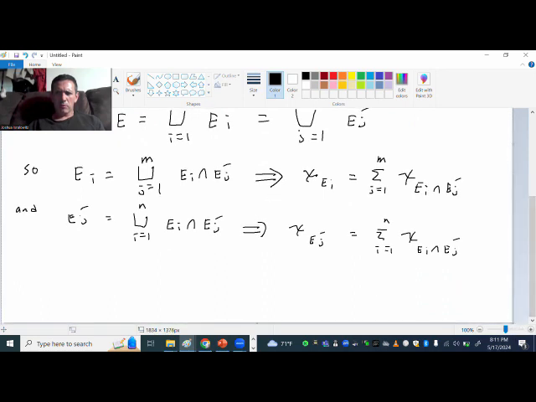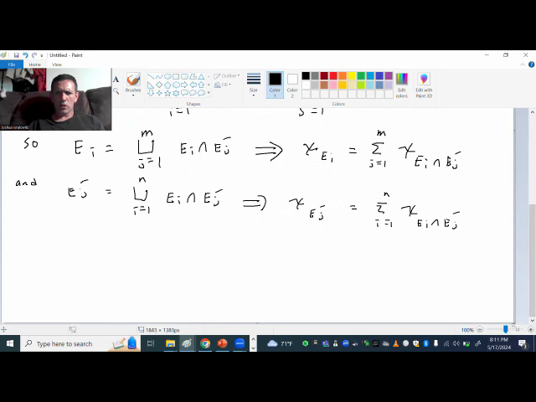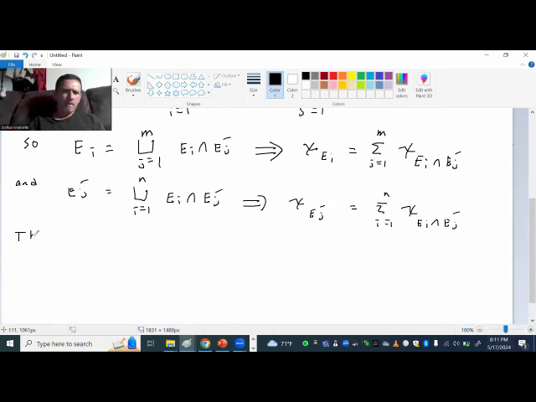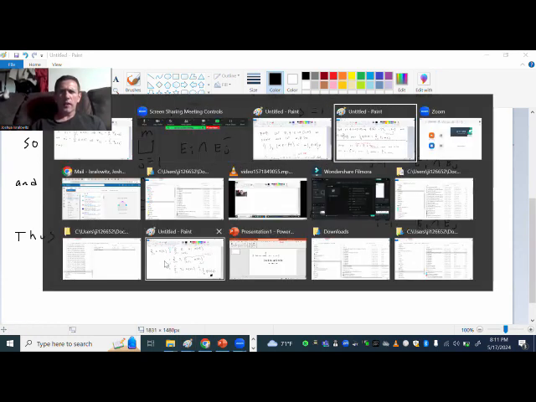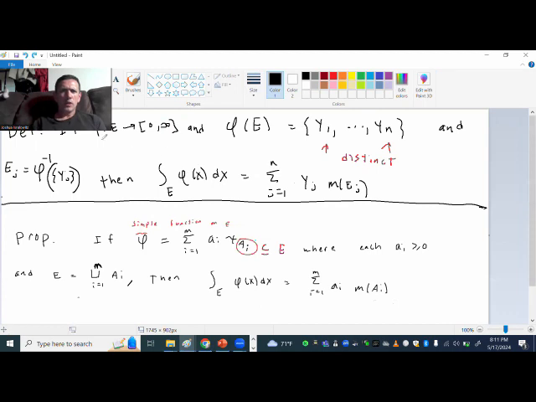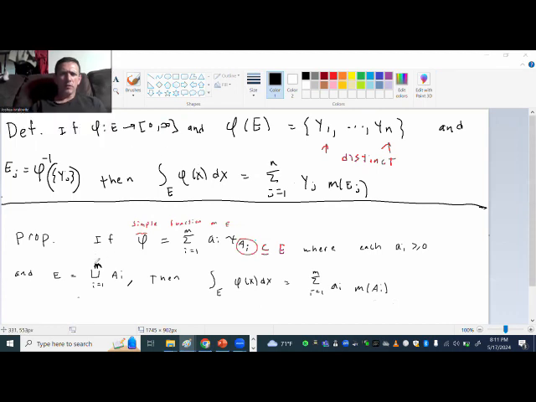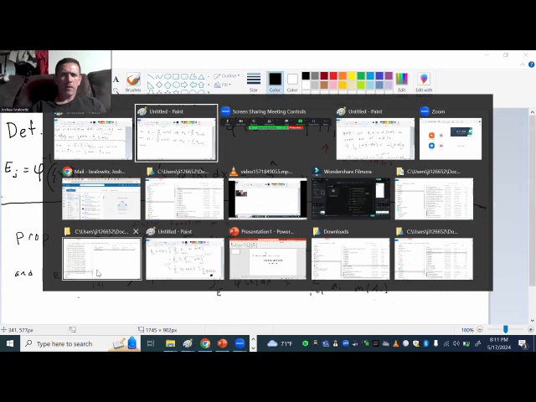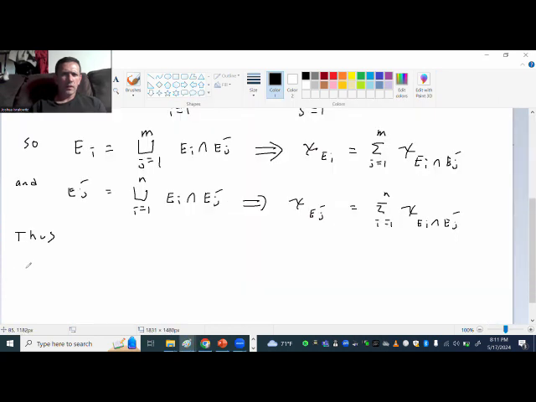All right, so we're going to put this to good use. So this gives us a way to write our linear combination of simple functions in a way that allows me to use my proposition. See how in a second.